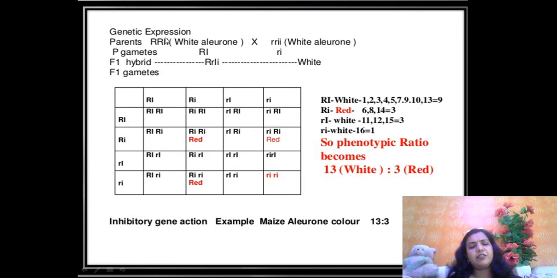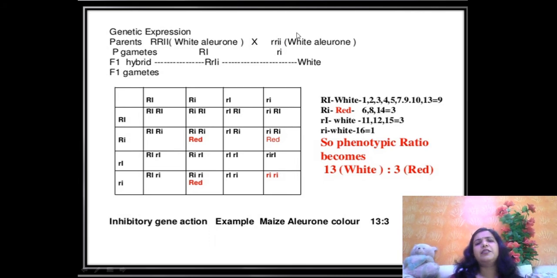So this parent is white. In this case, again, R is not present in dominant form and I is also in recessive form, but the color is white because the pigment producing gene is not present here.